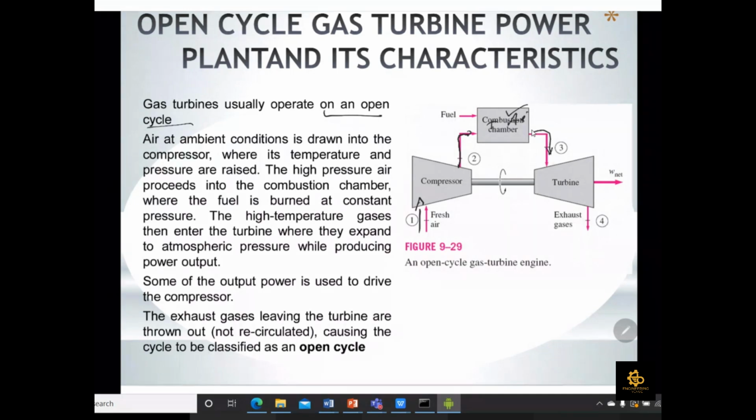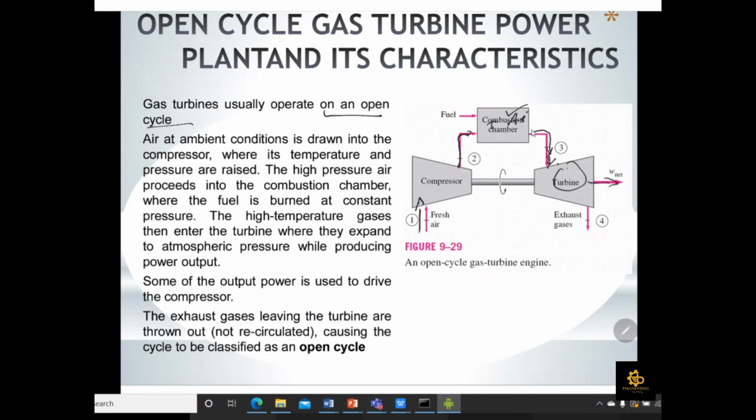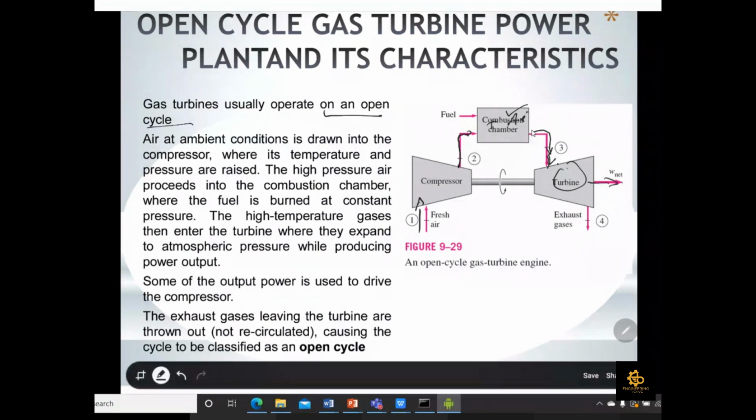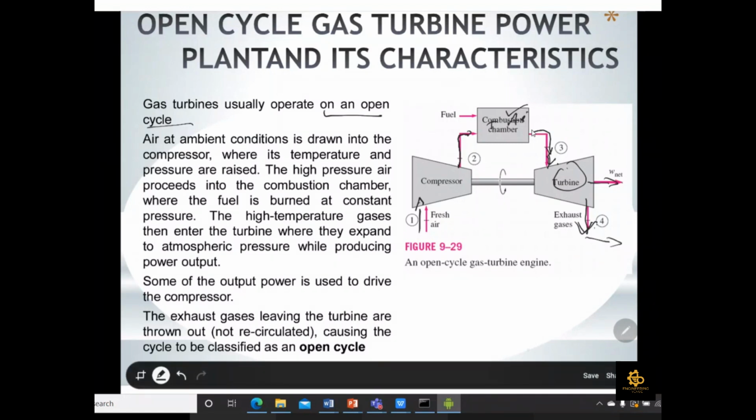Then it is sent to the turbine section, where the gases produced result in the rotary motion of the turbine blades, and we get some W net, which is the work. Then the exhaust gases exit from point number 4 and are released to the atmosphere. So this is the open cycle gas turbine engine.